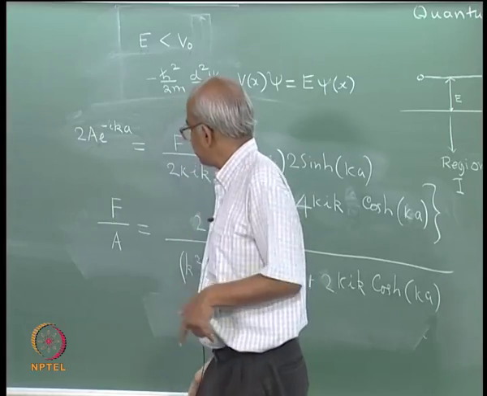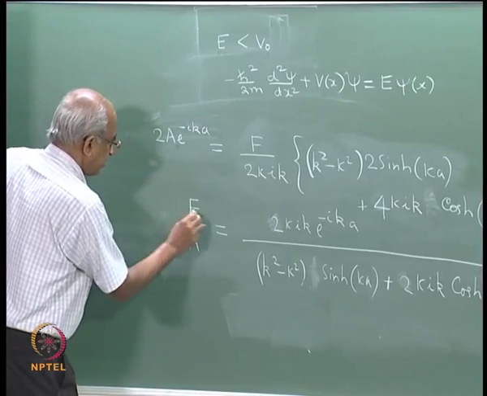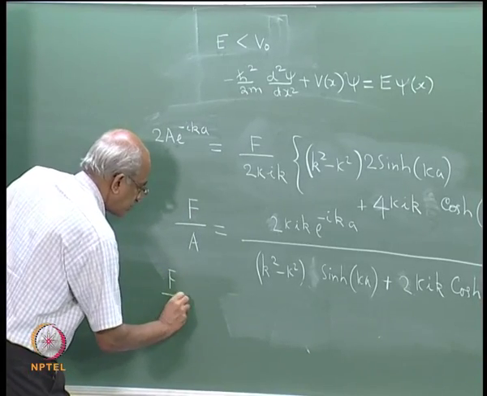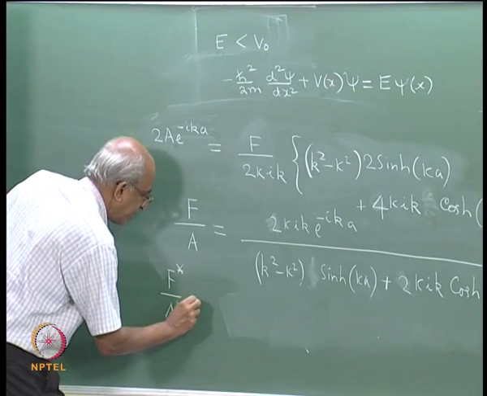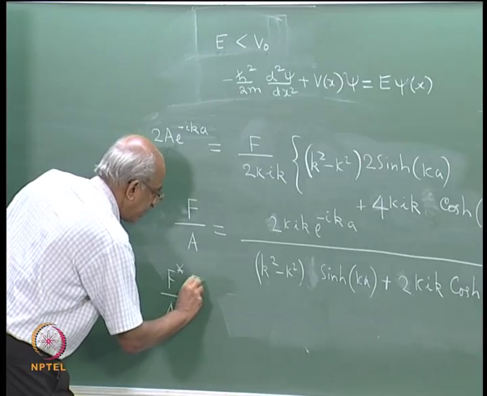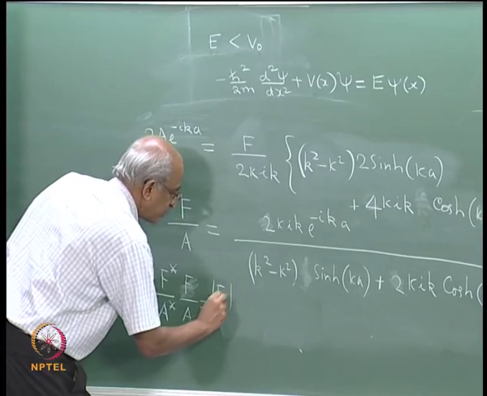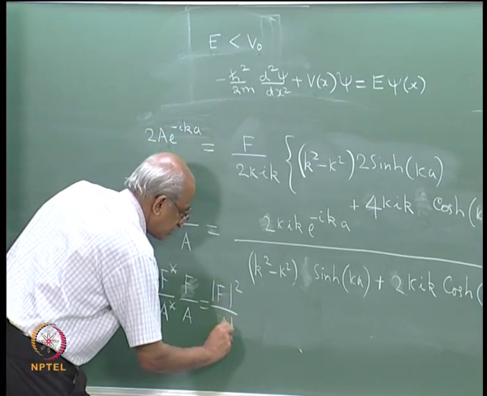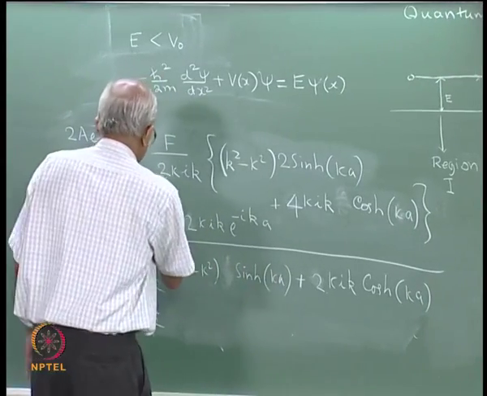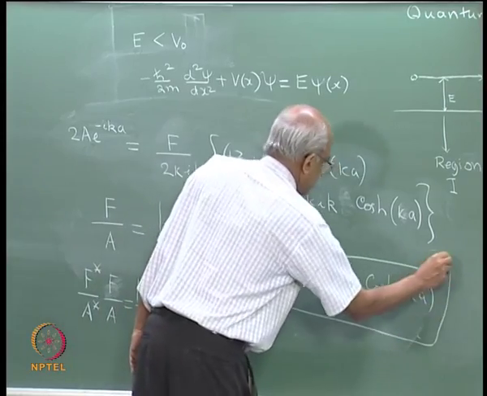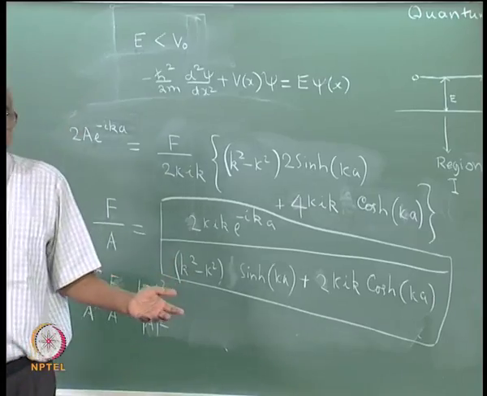Or instead of taking magnitudes of f and a, all that I need to do is multiply this object by the complex conjugate of f by a. As you know, that will be nothing but equal to magnitude of f square divided by magnitude of a square. So, in the next lecture I shall have to take this expression, multiply it by its own complex conjugate and simplify and see what the result is.